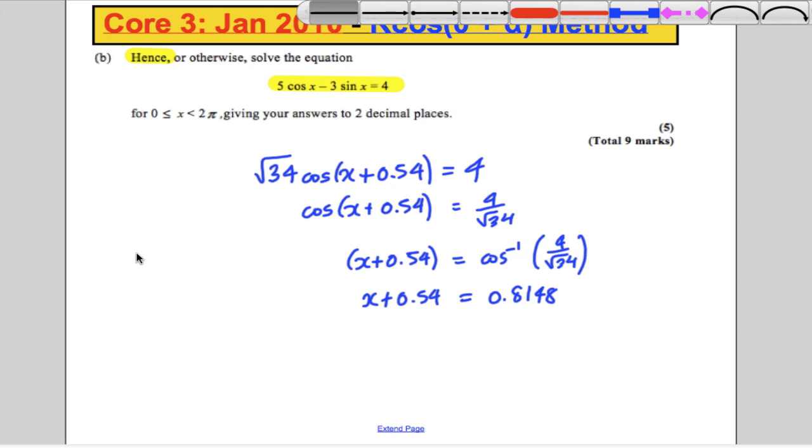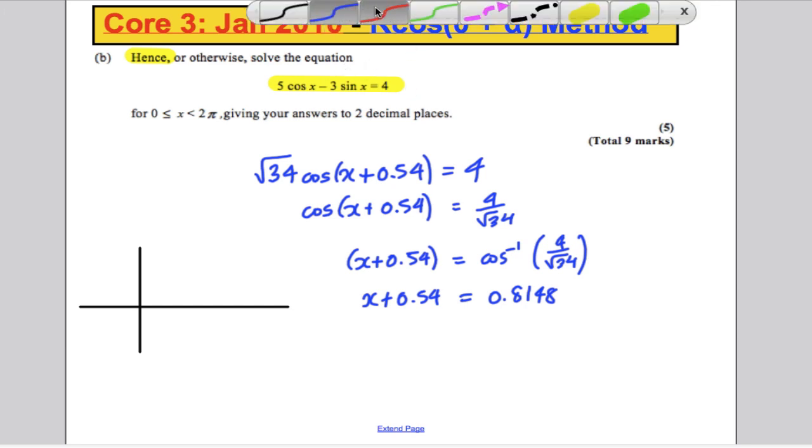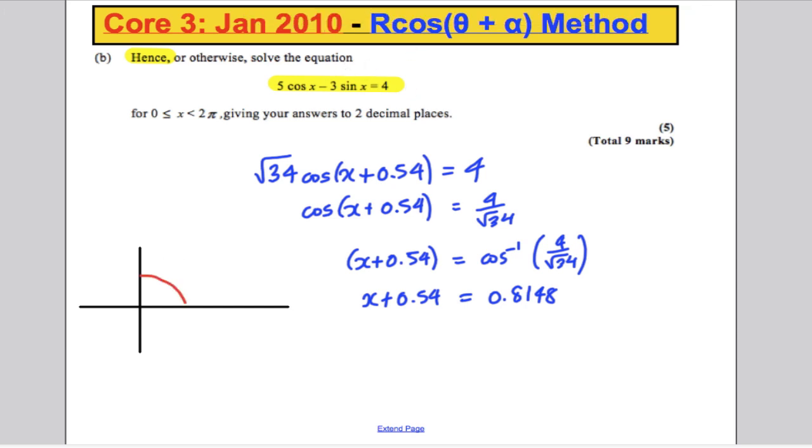Before you race ahead and just solve this, you had better check if there are any other solutions in the range 0 to 2 pi. So draw yourself out a cos graph. A cos graph looks something like this. This point here is pi by 2, that point there is pi, and this point here is 3 pi by 2.